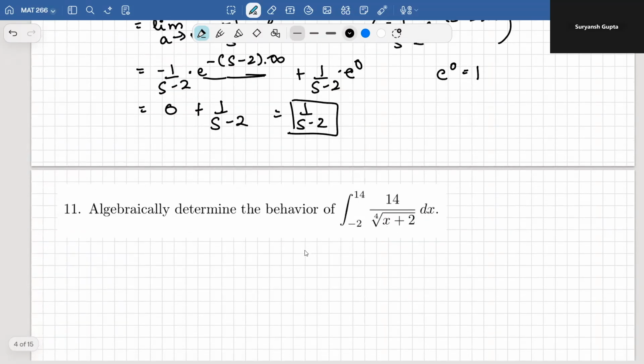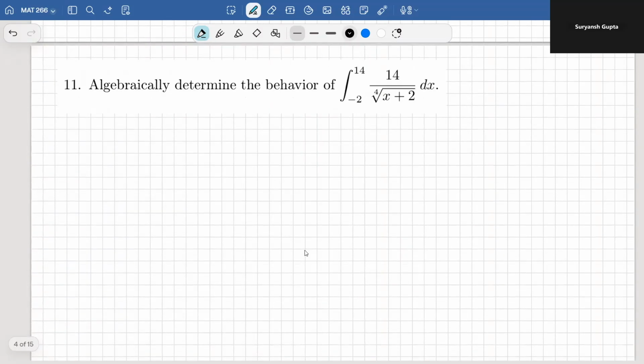Now, moving on to the next question, it's asking us to determine the behavior of the integral, and the bounds are from minus 2 to 14. So just looking at the function inside the integral, I have this. And when I look at my bounds, I'm looking at the lower bound.